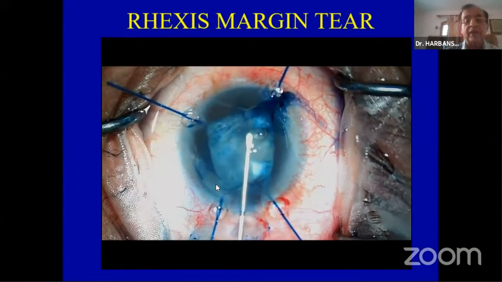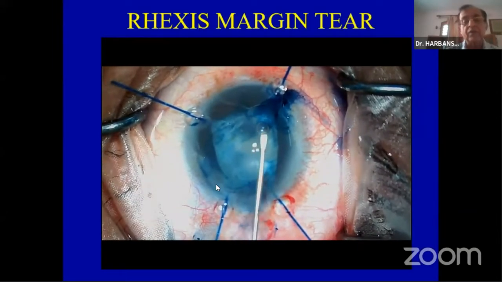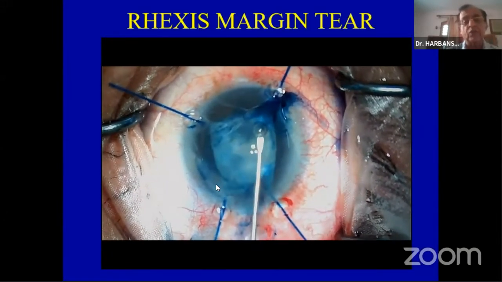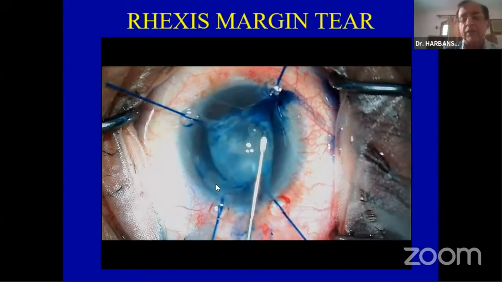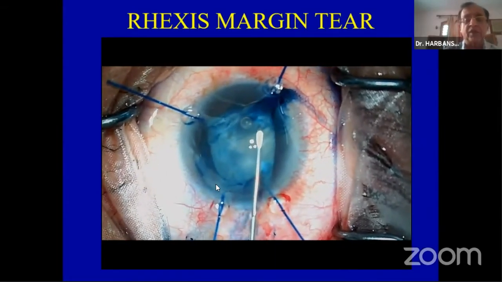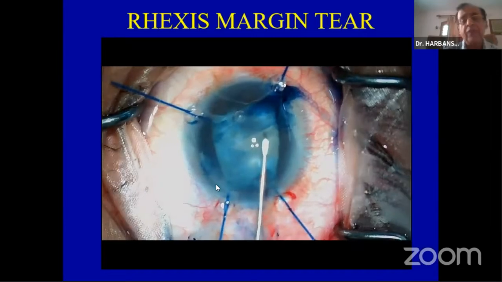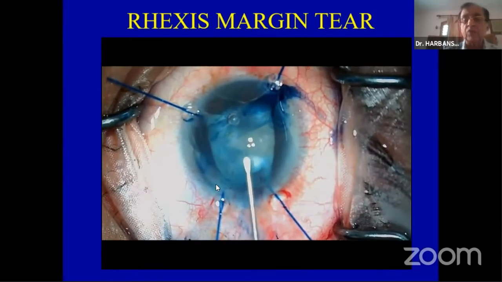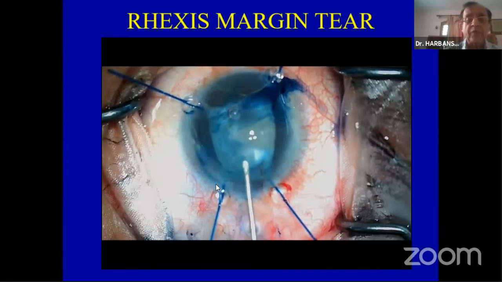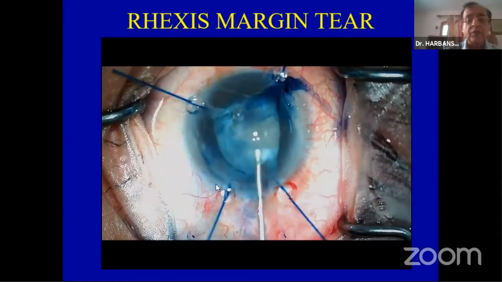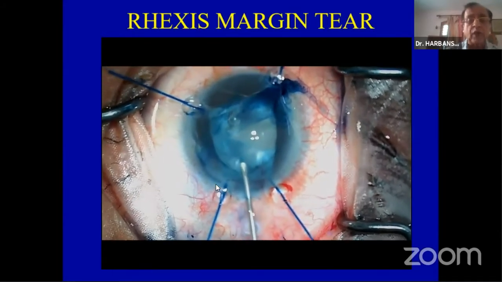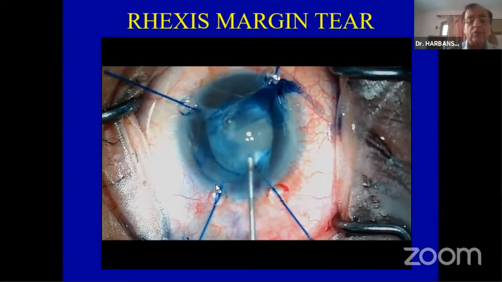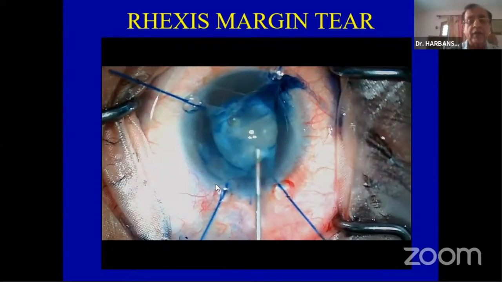So you can see that, as was expected, this rhexis runs away, and these cases would have been very difficult by any method, whether Zepto or Femto, because there is central corneal opacity also, and maybe Femto would have been possible, but for Zepto also the space was too little. And once it has run away, we do not want the capsule to come while doing the phaco, so we release and cut it over here.